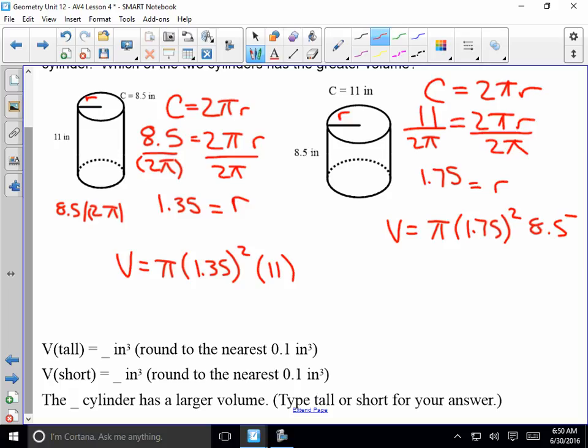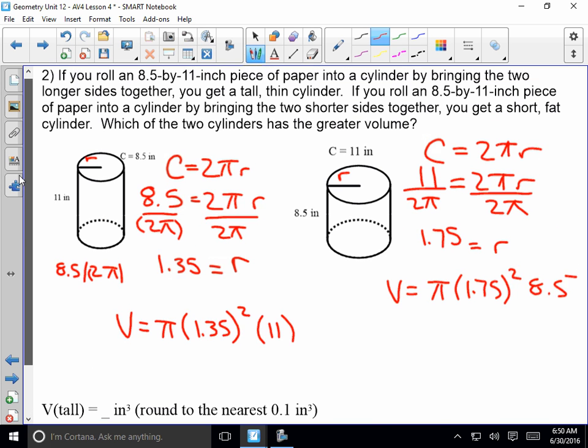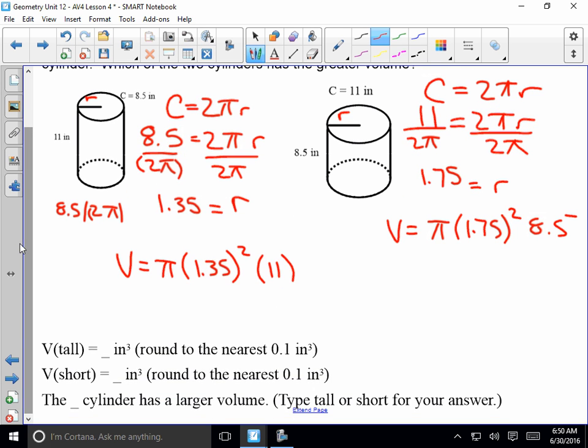So pi times 1.35 squared times 11, okay, gives us a volume rounded to the nearest 0.1, our nearest tenth, is actually 63.0. Okay, the value is 62.981 when we plug that value in.